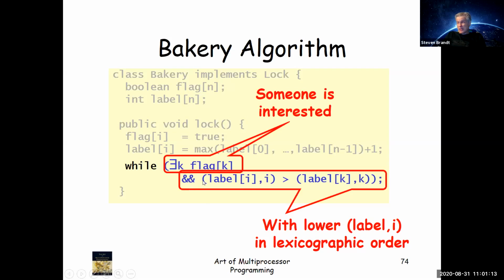And so there's never going to be a case where these two things are equal, unless I is equal to K, and we're not going to include that case. It occurs to me that's an error on this slide. It should say K not equal to I here.